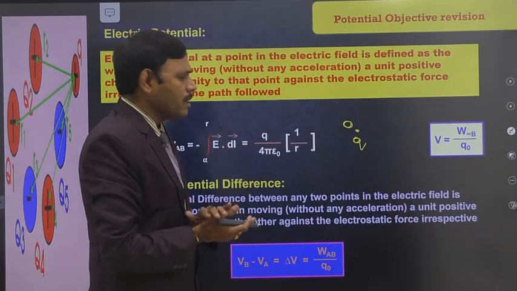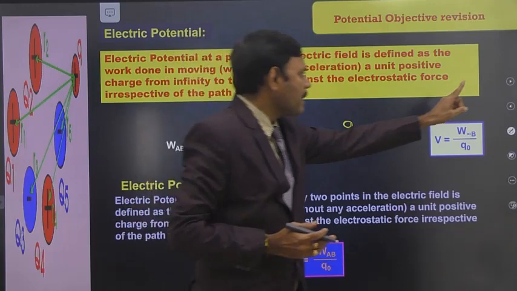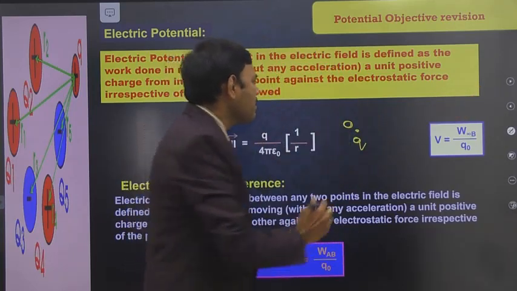Then consider the work required to bring a unit positive charge from infinity to any arbitrary point.